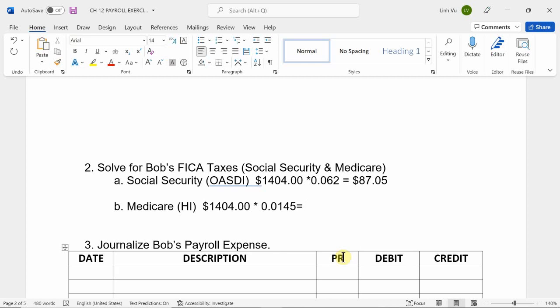1,404 by 0.0145. I got 20.358. So what does that tell you? Yes, we're going to round it.